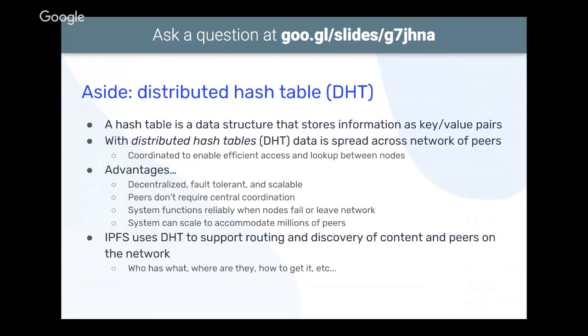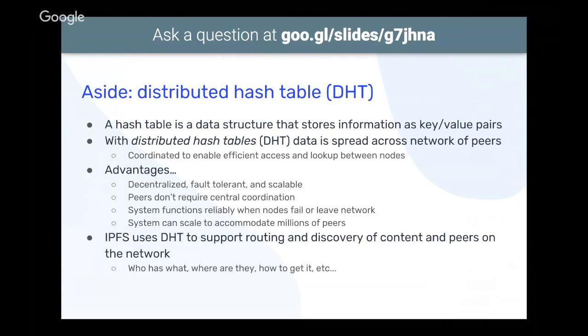Obviously, in a decentralized system, we need something like this to help peers discover each other and content. So a DHT is nice because we have a decentralized, fault-tolerant, and scalable data structure that we can query for content addresses. Our peers don't require any centralized coordination because each peer really only knows about a smallish part of the network.